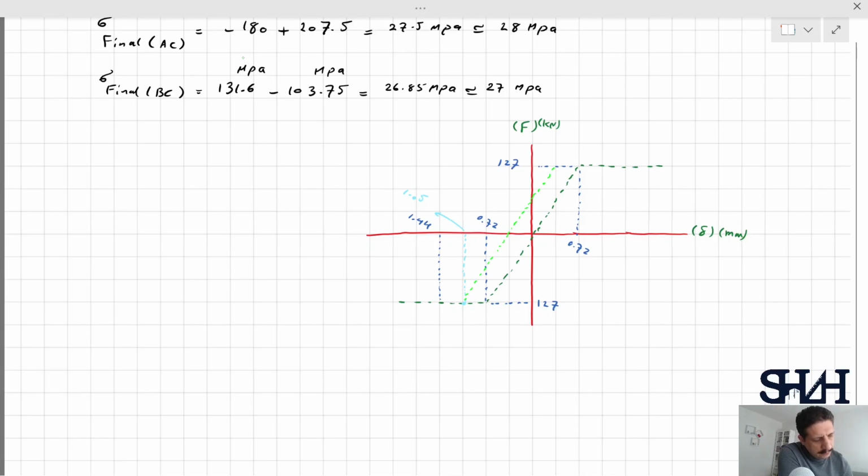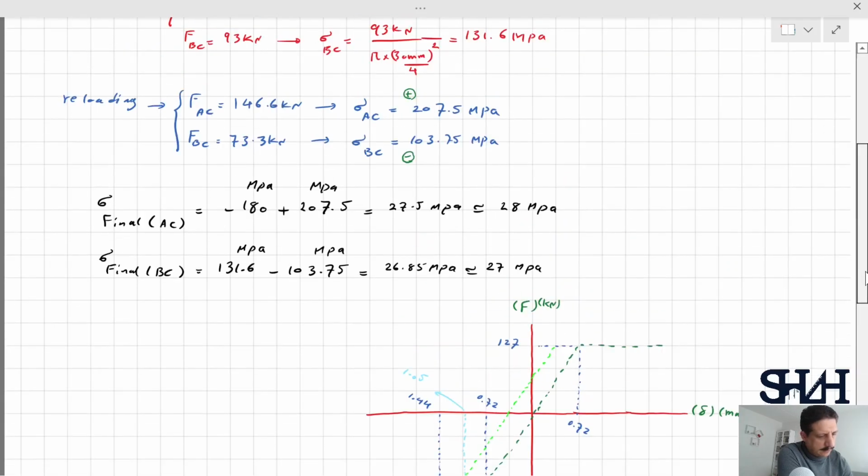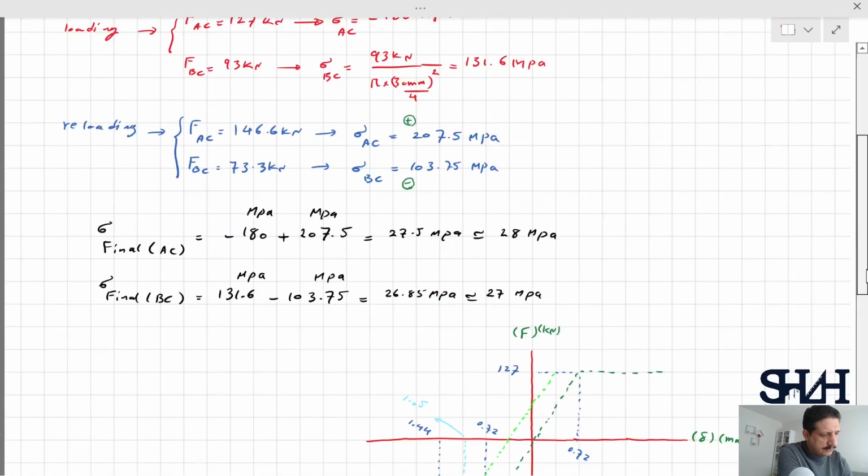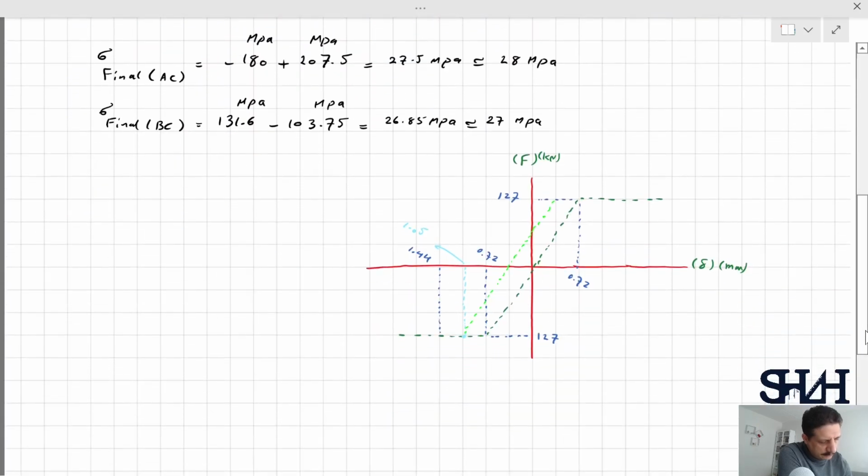So now we calculated the load in this member and it was 19.67. So if we come to 19.67 kilonewton, it will be somewhere here. And this value corresponds to the relevant load. So now we are looking for this delta.